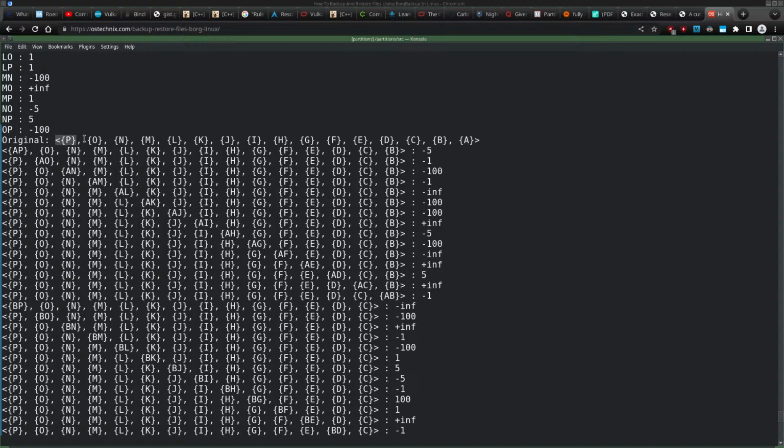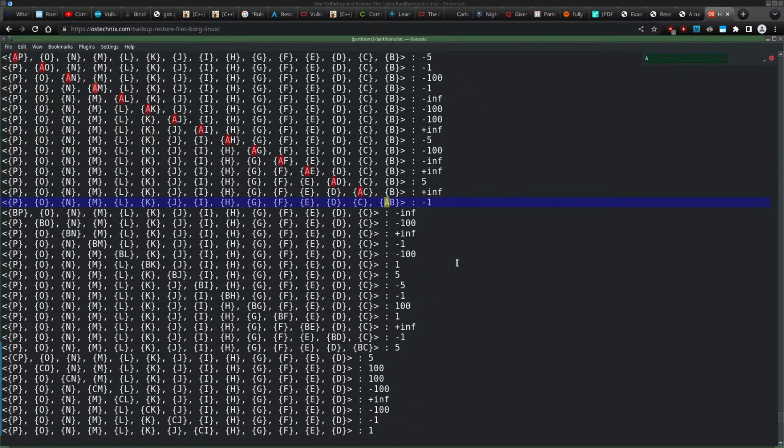This is the first group, second group, etc. So it moves the first element A into the first group, then you get AP. And it moves the first element into the second group, and so on. You see all the A's here being put in the next group, and then we start moving B, and so on. So this works.